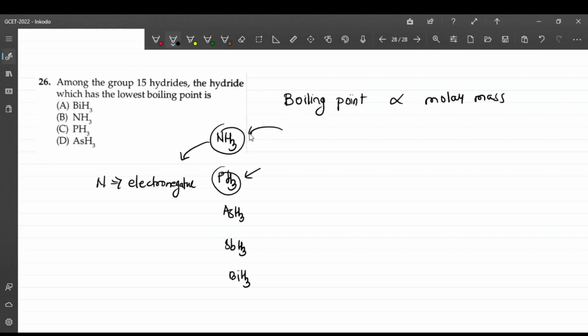Hydrogen bonding is the strongest intermolecular force of attraction. So ammonia will not have the lowest boiling point, although its molar mass is the least in the whole group. So here it is PH3. So the answer is option C.